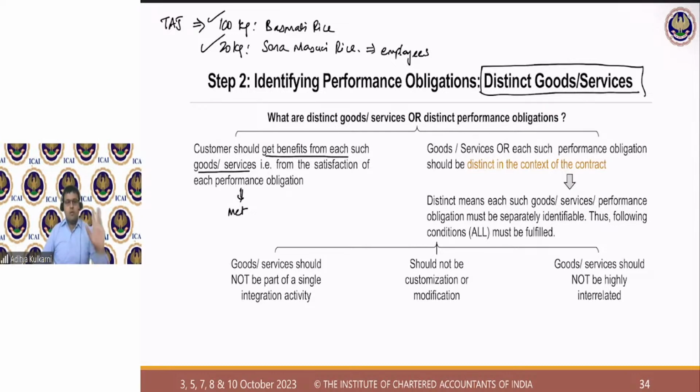Yes, they are getting benefit from both of them. So these are different goods and services. That means different obligations, distinct obligations. Okay, distinct obligation. All right. Now let us move one step further.